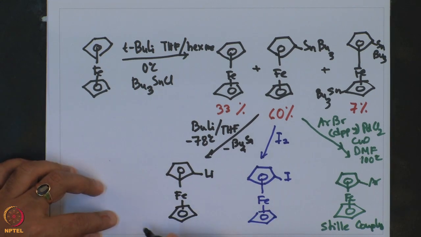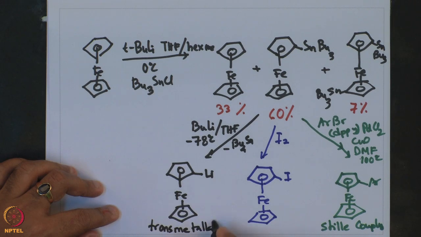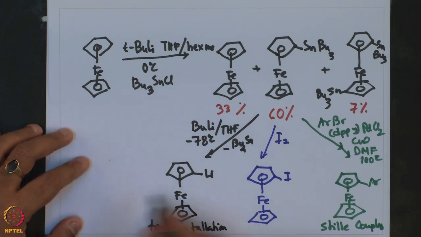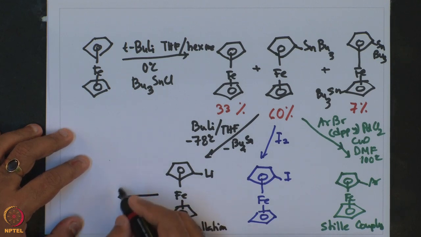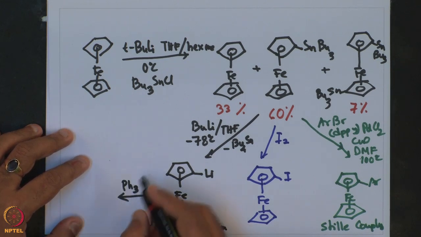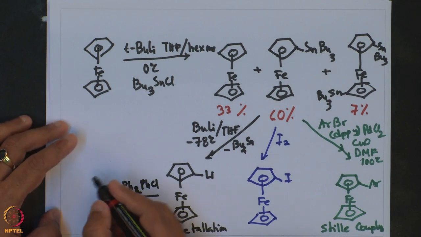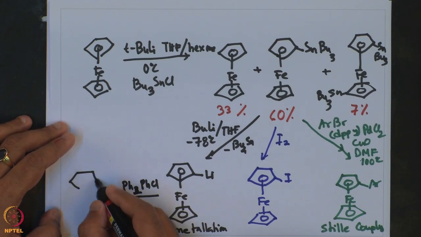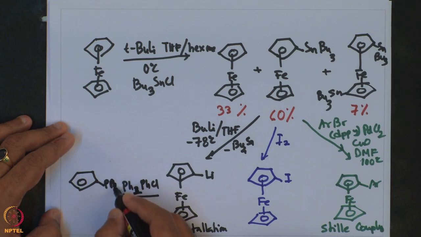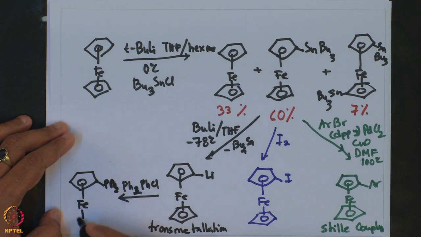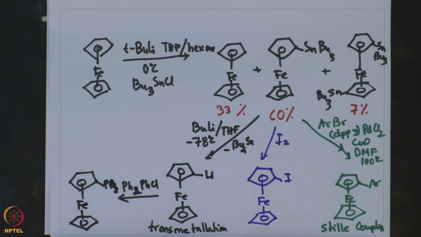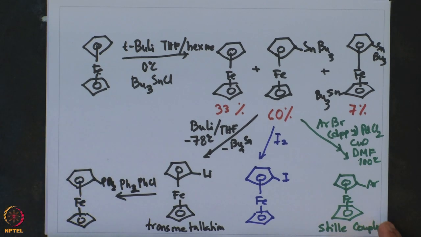So, this is just a simple transmetallation reaction, and that when treated with diphenyl phosphine chloride would give the phosphonated ferrocene compound. So, what we see is a nice example of beautiful chemistry laid out over here.